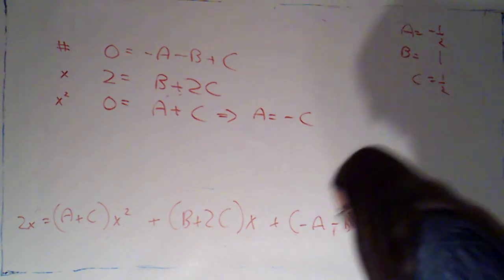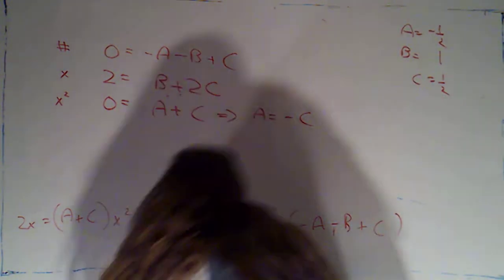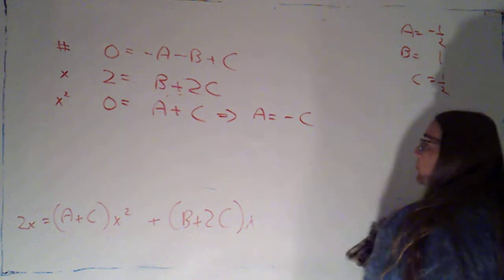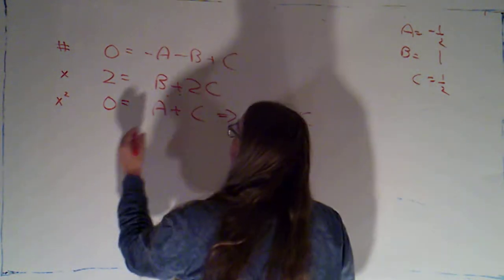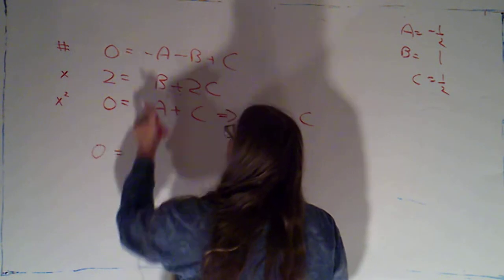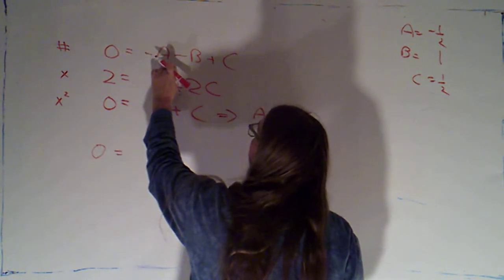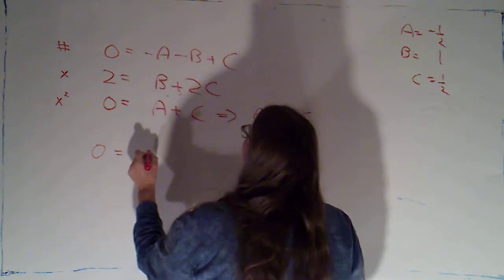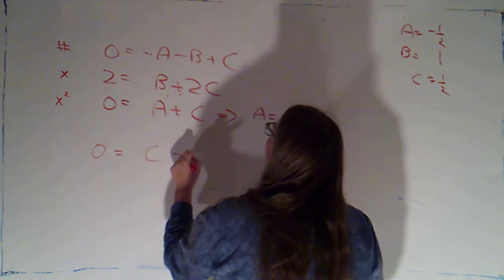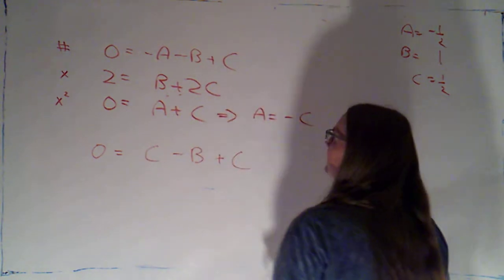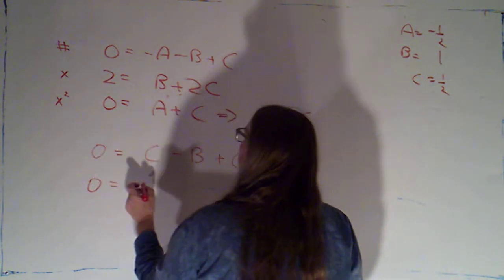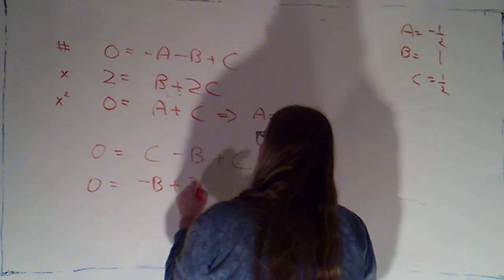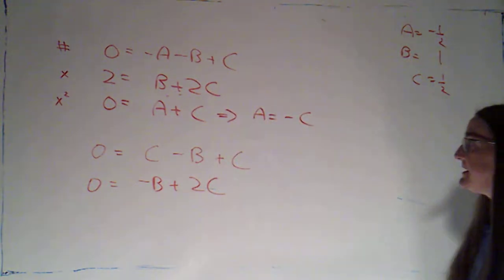So I can replace a with the opposite of c in this one. So I can get 0 is equal to the opposite of c, which would be c, minus b plus c. So 0 is equal to negative b plus 2c.